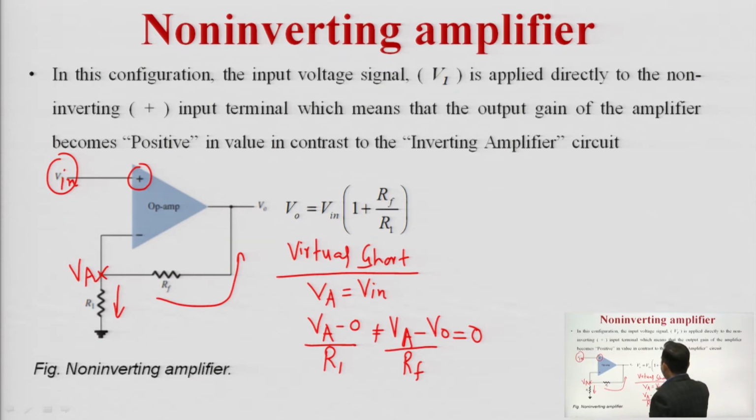And if we use VA equal to Vin, then naturally we have V0 equals 1 plus RF by R1 multiplied by Vin. So here we can say that the input and output are in the same phase, means there is zero phase change.